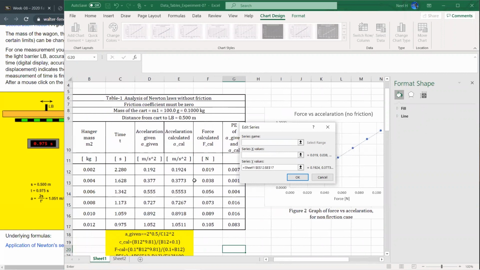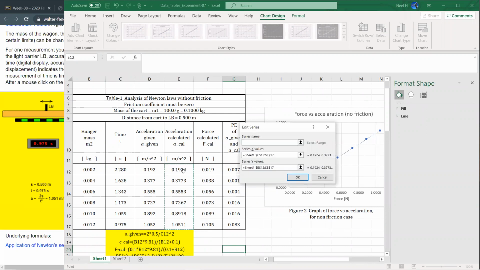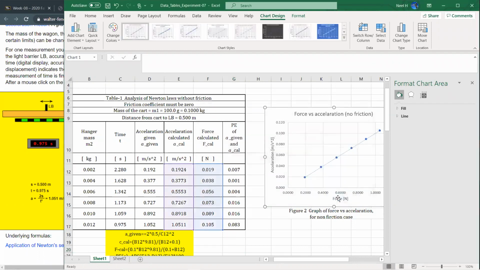And for the x values, I need acceleration right here, acceleration calculated values. Click and drag the range of data from E12 to E17. Then delete everything on Y, and the Y value should be the force. Click and drag F12 to F17. Click OK, click OK again.